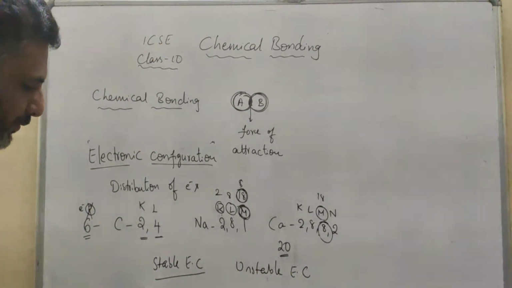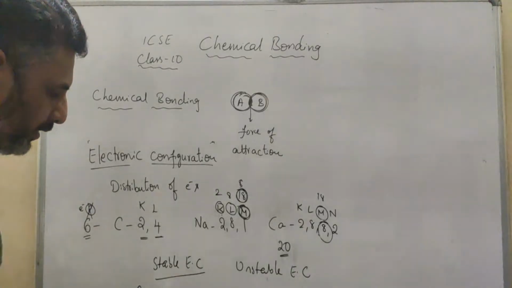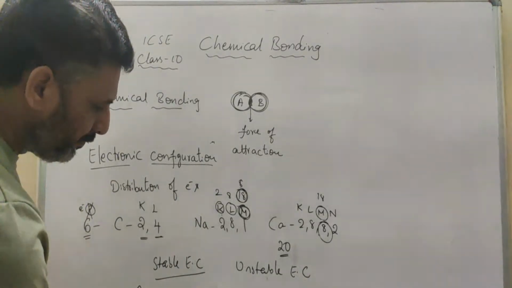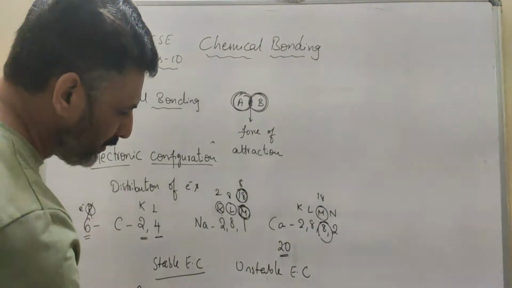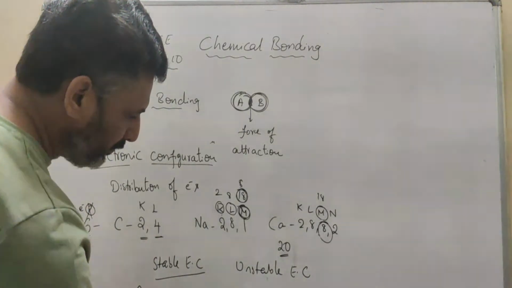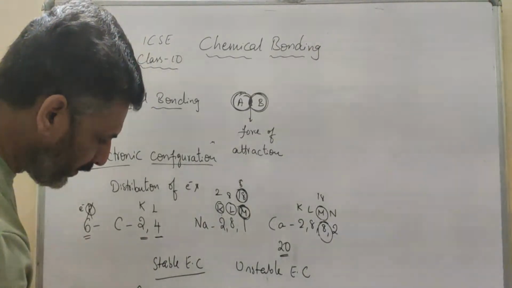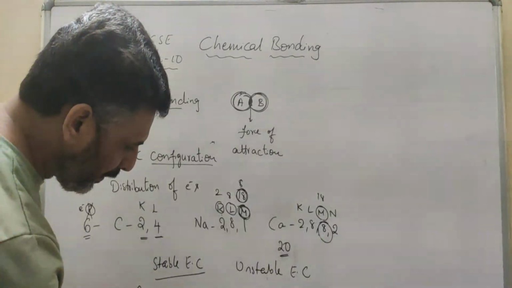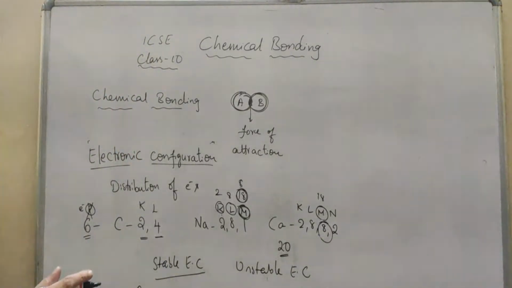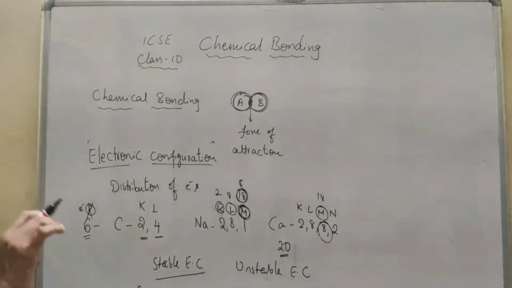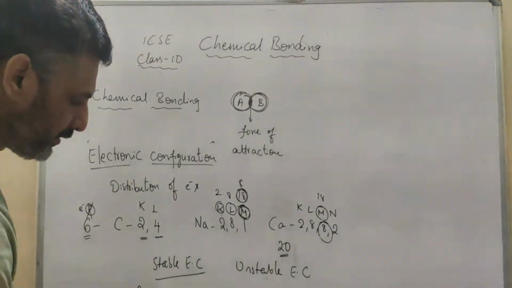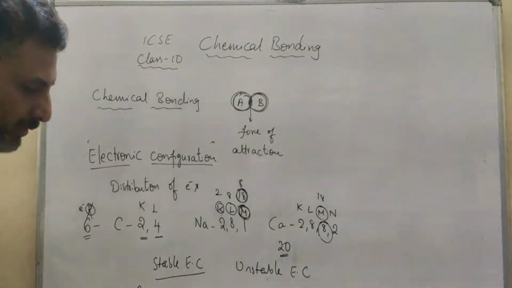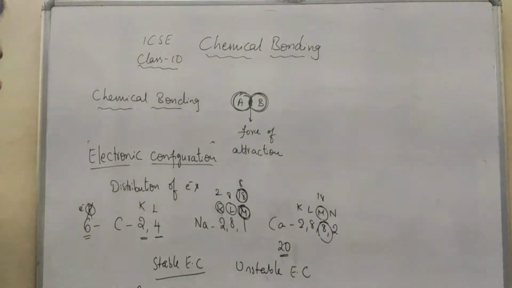Stable electronic configuration means either the valence shell is complete, or the element has 8 valence electrons. So under these 2 conditions we can say an element has stable electronic configuration.